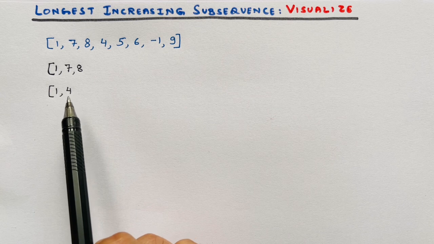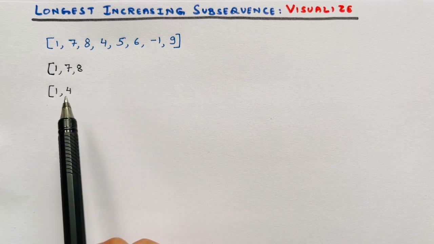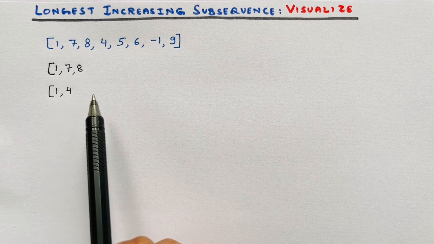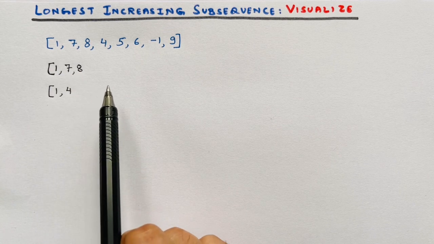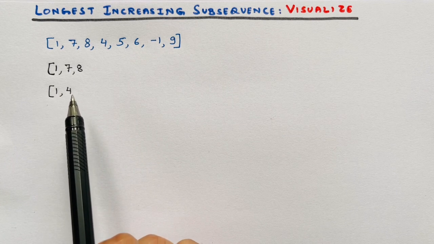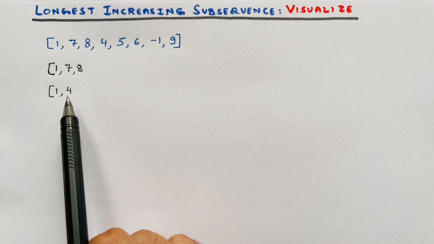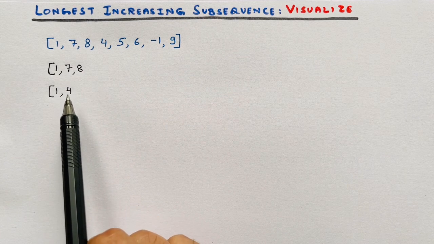Why? Because as we encounter further elements in the array, it is possible that the length of this array becomes greater than the length of this array, and therefore our LIS becomes this. Why is it possible? Because consider these two arrays at this position. Here 7 is greater than 4.